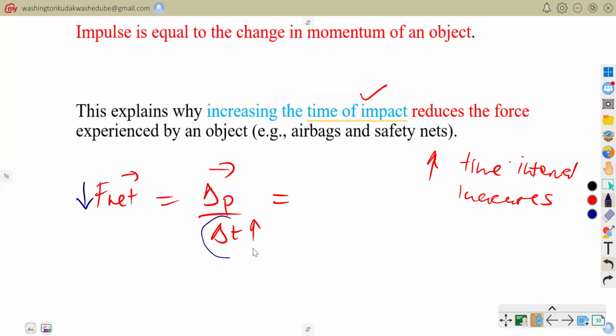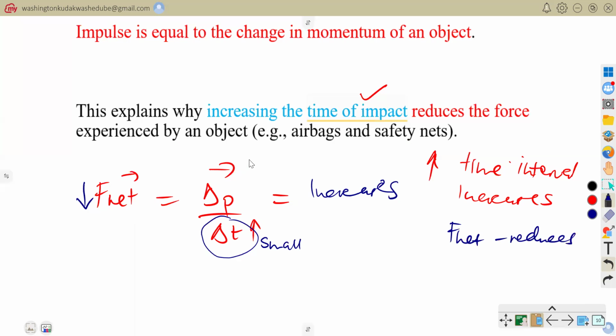Once this time interval becomes small, our net force will increase. But when our time interval increases, then the net force reduces.